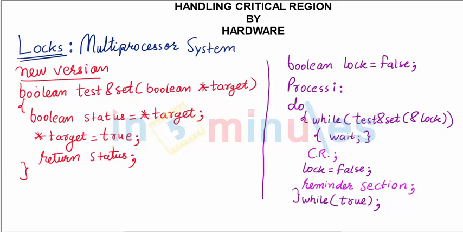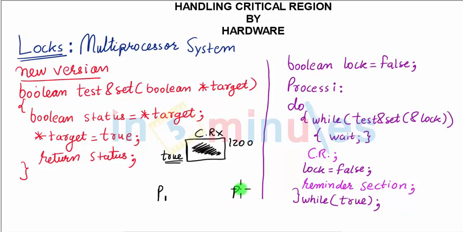Looking at the same stuff graphically, let's try to understand a scenario. The scenario is fairly simple. Consider critical region X located at location 1200, which is already set by P1. That means this particular critical region is already locked. So we will get true. It is locked. So what would happen for this?